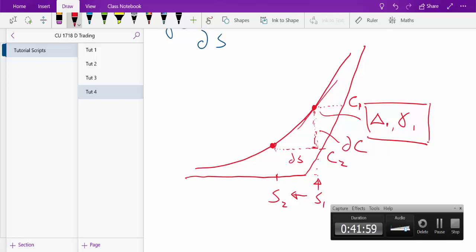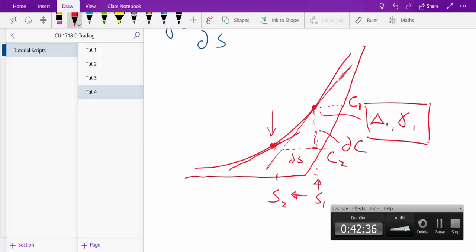Now, the first thing that you should notice is that using the delta is not enough, okay? Because delta is linear and your option price change is not. So that would not work. So delta is an approximation and everybody knows that. The second point is once you are down here, you have a new delta.